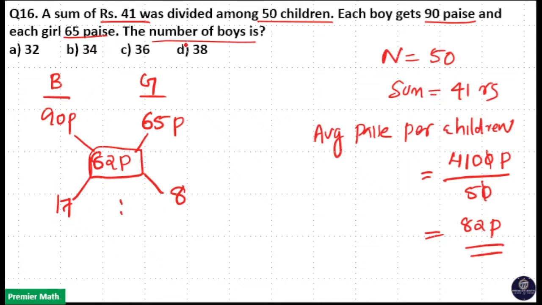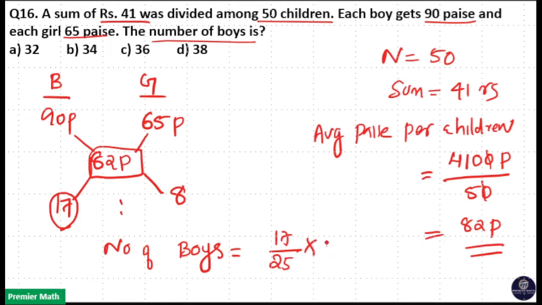Here we need to find the number of boys. So it is 17 out of the total, 17 plus 8, 25, into the total number of students, which is 50. So 25 into 2 is 50, 17 into 2 is 34. 34 is the total number of boys. Option B is your answer.